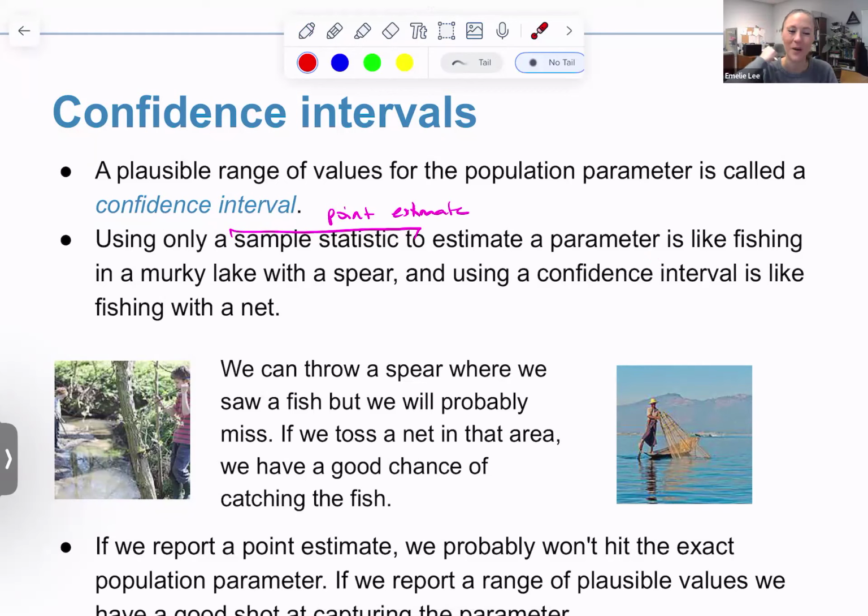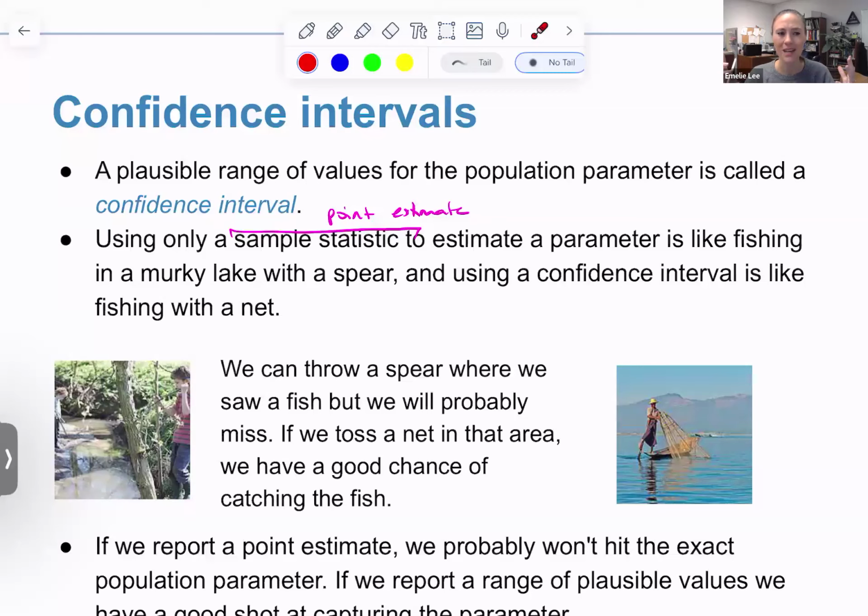You don't know what the population proportion is, so you just have your one sample and you say, this is what it looks like. Well, that's unlikely, right? And so a confidence interval is more like fishing with a net, right? So you build bounds and you say, I'm 95% confident that these bounds capture this population proportion.